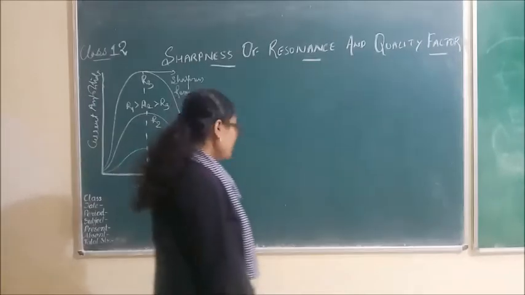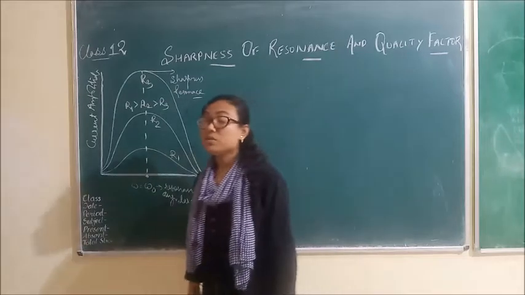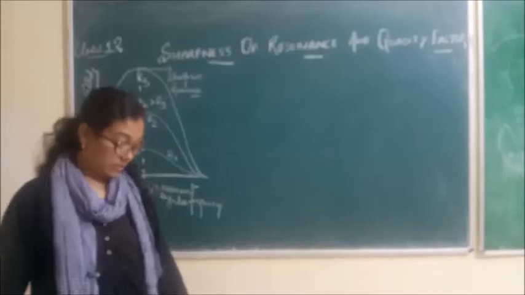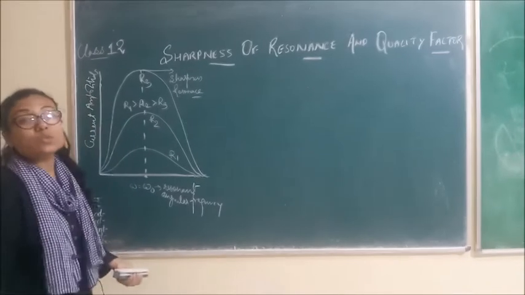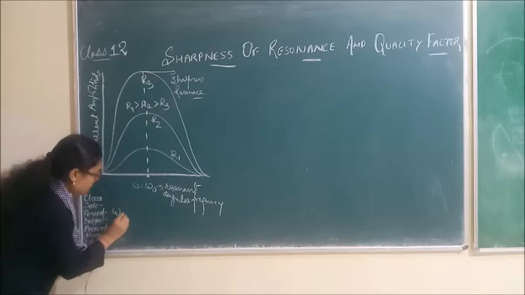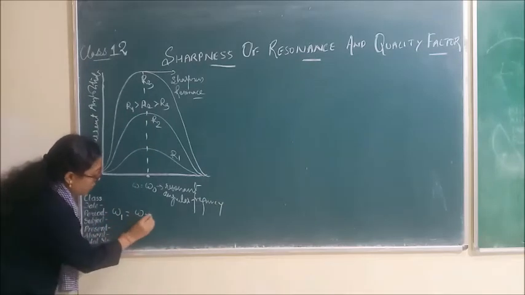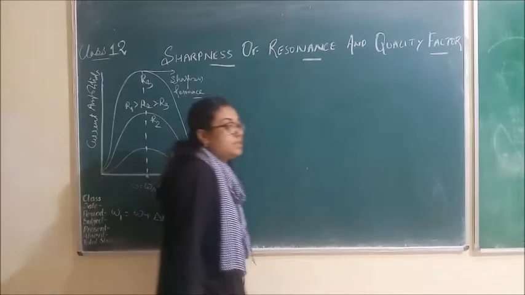You know, when we are drawing this graph, we are getting the value of angular frequency in two ways. In the first way, omega 1 is equal to omega naught plus del omega. Clear, student?